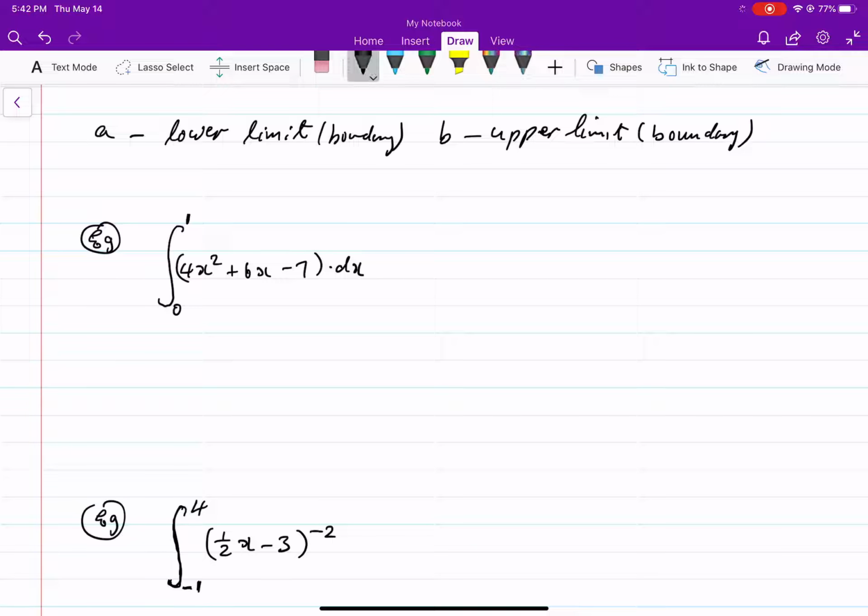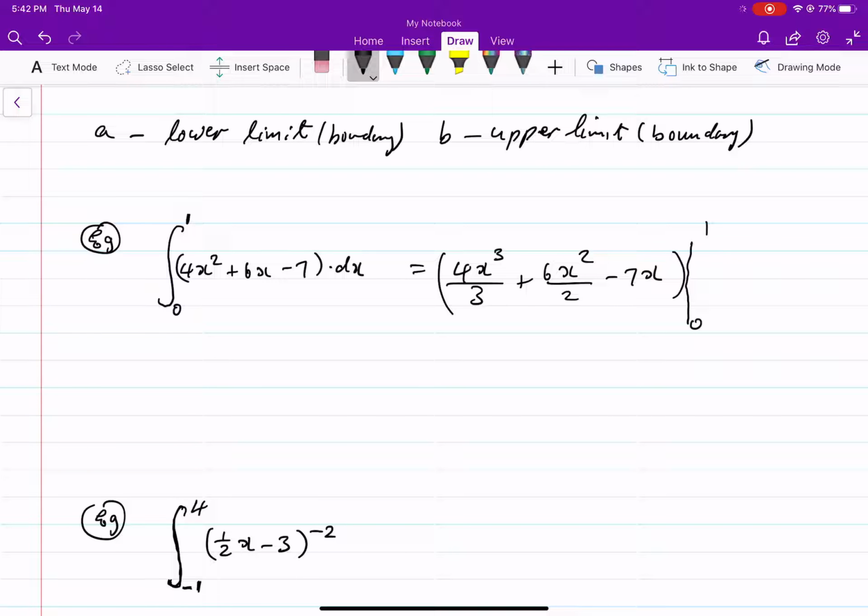Okay. Well, you will integrate that function the same way you would integrate a regular polynomial, by using the rule for the integral of ax to the n dx. So this will give me 4 times x to the 2 plus 1 over 2 plus 1, plus 6 times x to the 1 plus 1 upon 1 plus 1, minus 7x. There is no plus c, but you will simply evaluate this expression between x equals 0 and x equals 1.